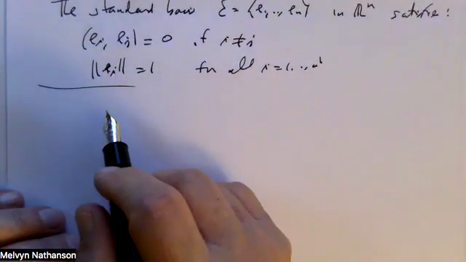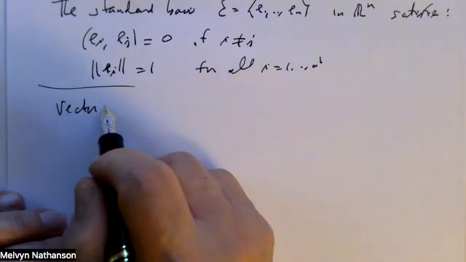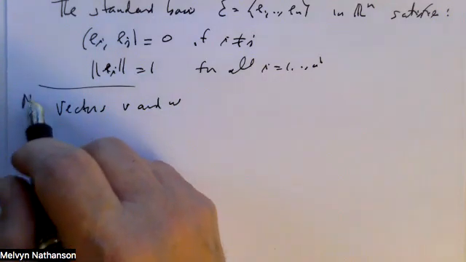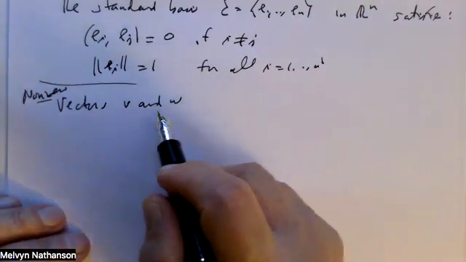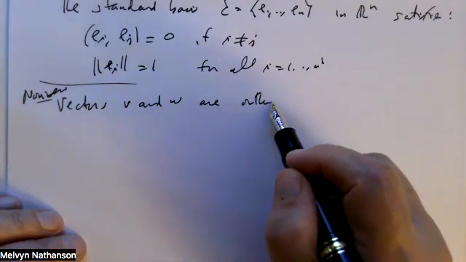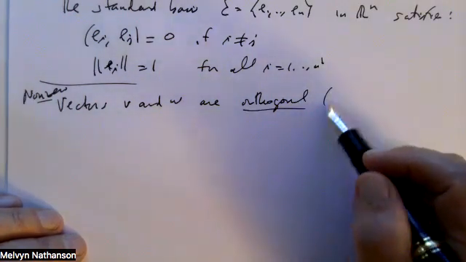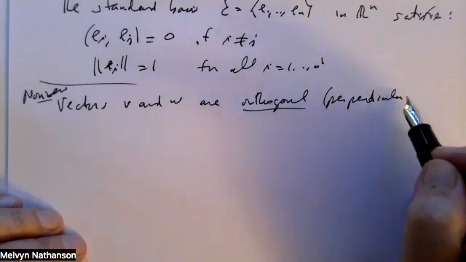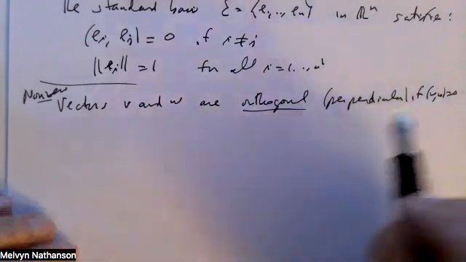In general, we say that non-zero vectors v and w are orthogonal, which also means perpendicular, if the inner product of the two vectors is 0.